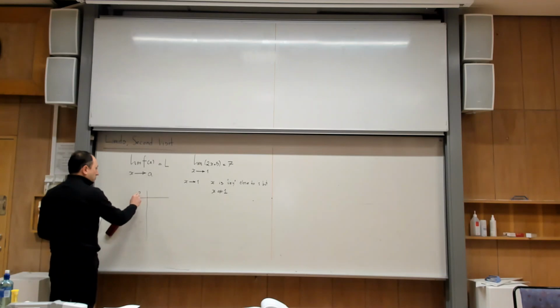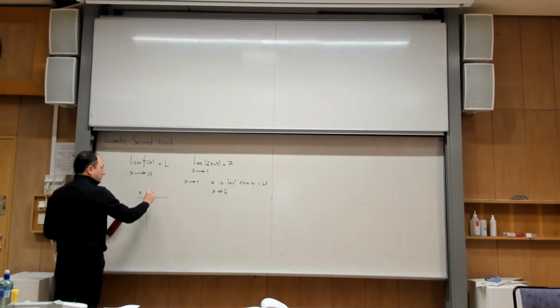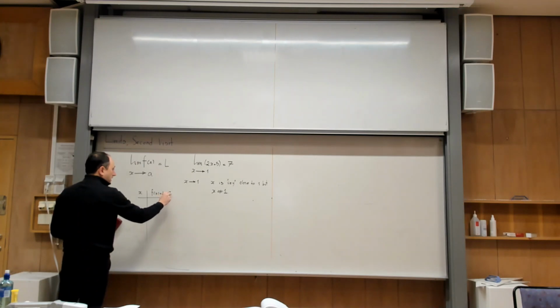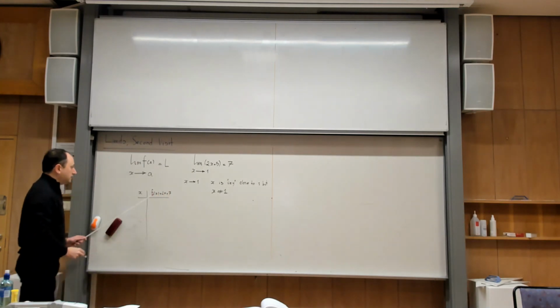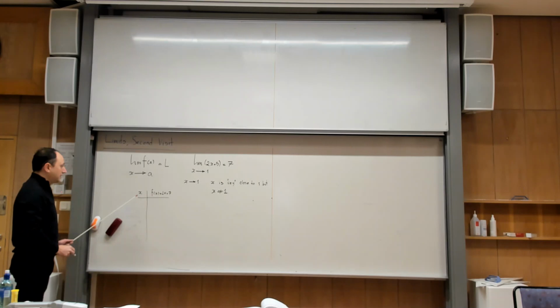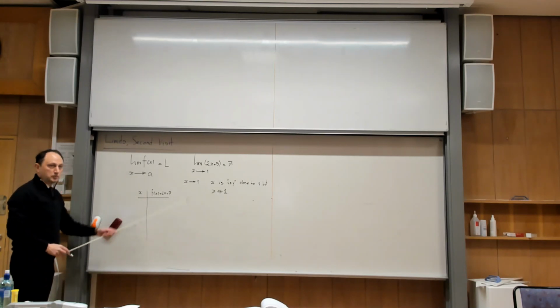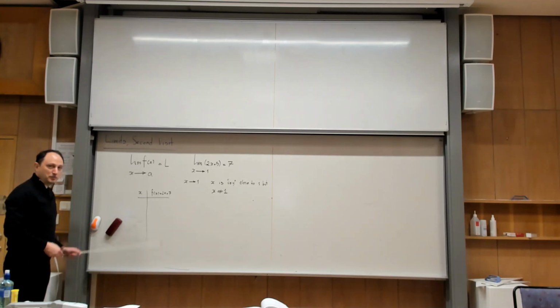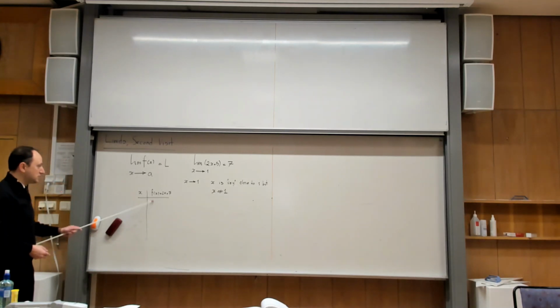So you write your function f of x equals 2x plus 7, and then start calculating the value of your function for values of x that are close to 1 but not equal to 1. And then try to see what pattern appears. Is there a number that these values are approaching?